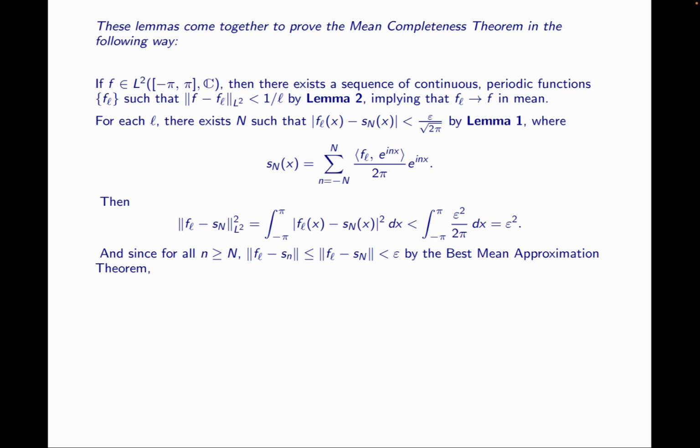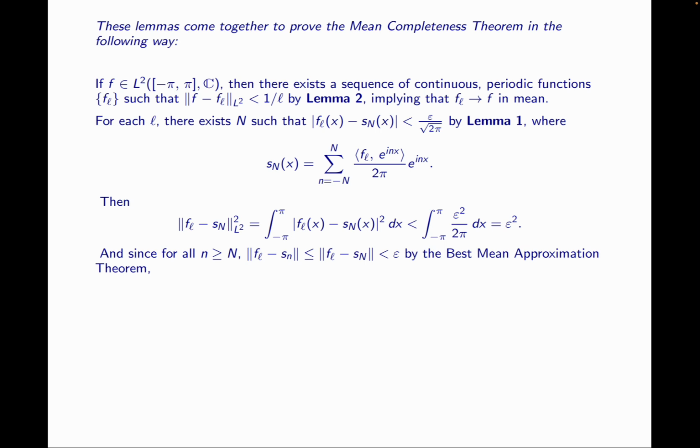And if I were to increase n, if I were to get some index n that's greater than or equal to big N, then this is smaller than this. How do I know it's smaller? Well, because if I increase where I truncate, then by taking larger and larger indices, I contain the previous space that I was considering.